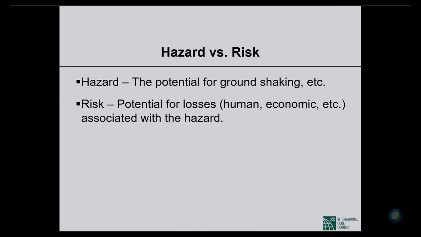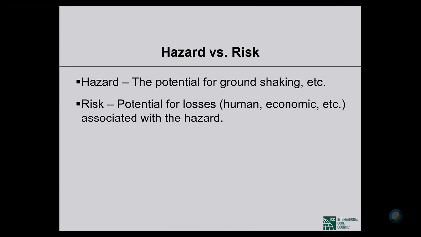The next thing that I want to touch upon are these terms hazard and risk. They are quite often used synonymously, but they are not interchangeable. They are different things. Hazard is the potential for ground shaking or flood happening or a cyclone hitting.